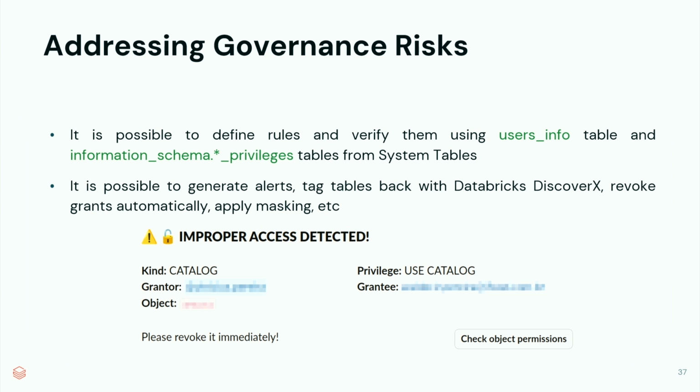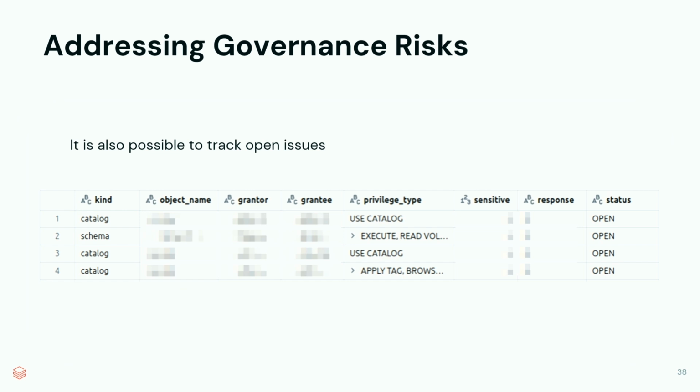So this is an example of the alert on Slack. We are only generating alerts, but we are not revoking automatically. With that, the user can take some action. Also it's possible to track open issues. We can do this with an extra table, for example.